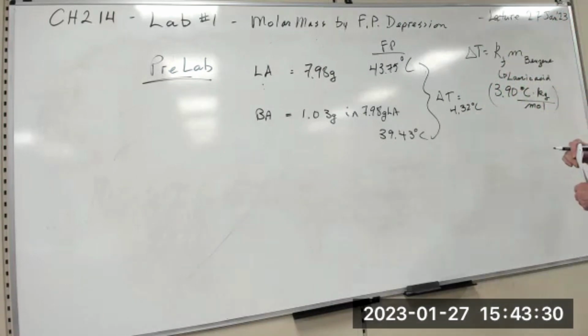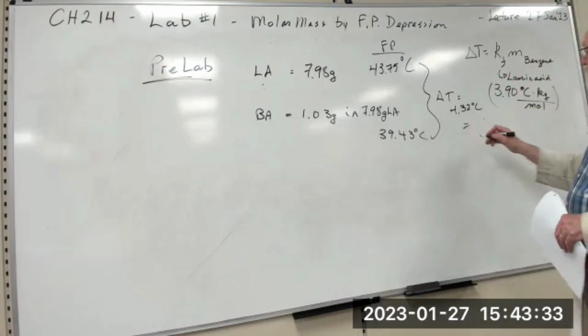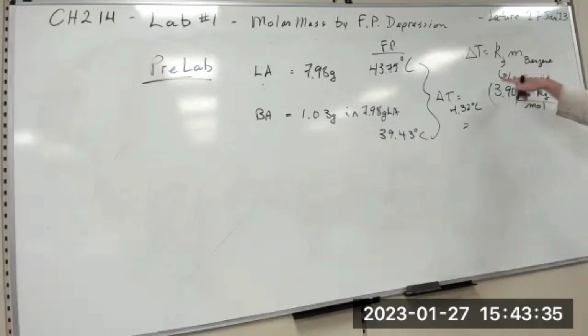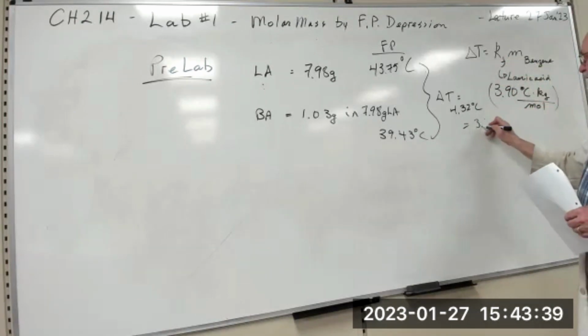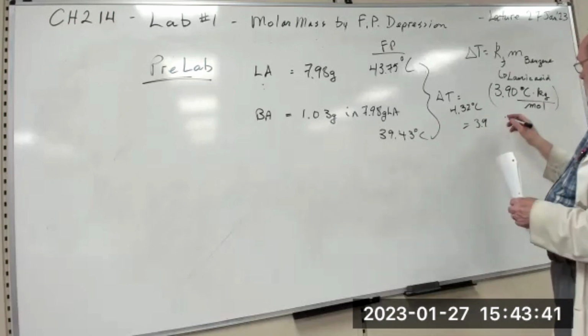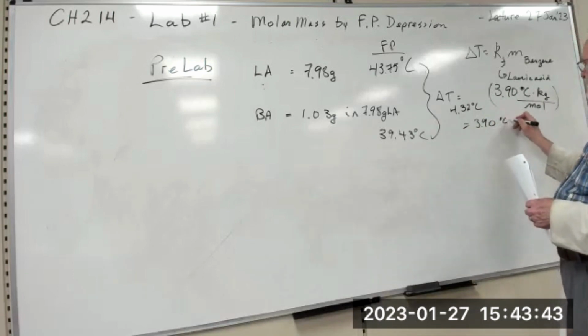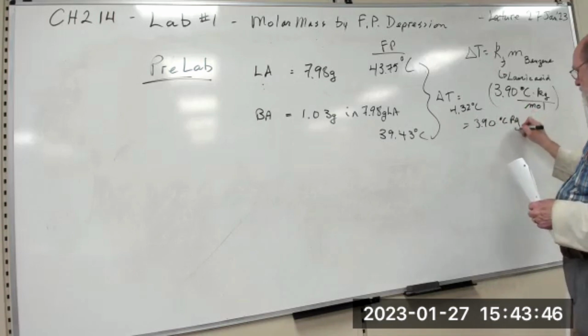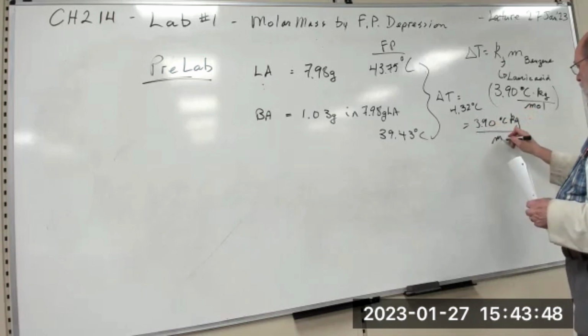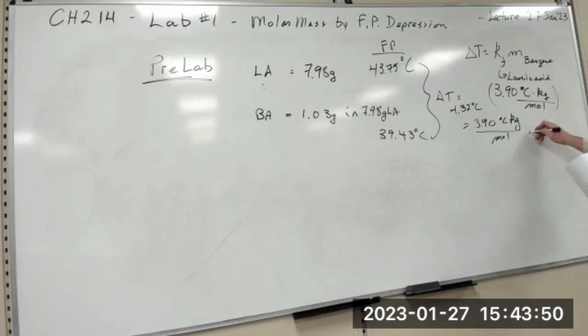All right. So that is equal to, and this is the lauric acid freezing point constant, 3.90 degrees C kilograms per mole. And then molality.